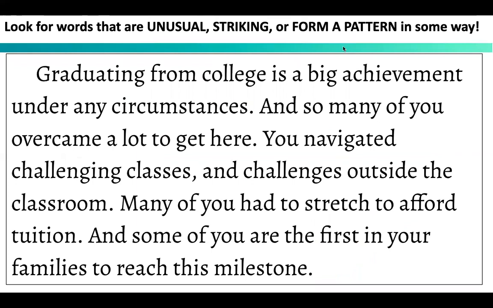So if it's just a standard word like big, probably not that interesting. We're looking for a word that stands out. This can be any word or words within the context of the piece, but it needs to really stand out in some way to you.